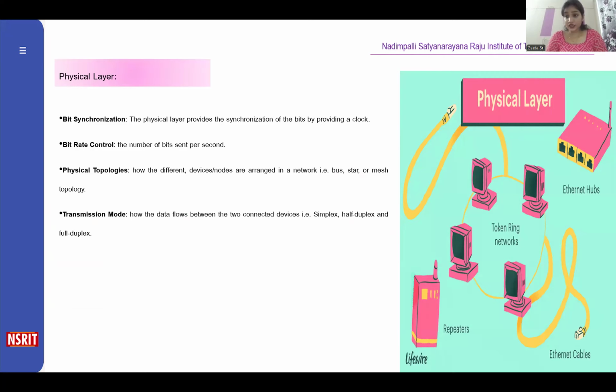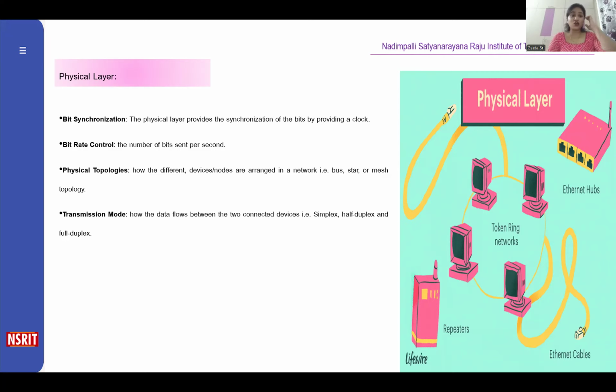The receiver receives the data in the form of signals, and these signals will be converted into bits, which are called zeros and ones. The physical layer converts the signal into bit form, and these bits are transferred to the upper layer, that is the data link layer. The physical layer also deals with the physical connection of the nodes or computers in a network.